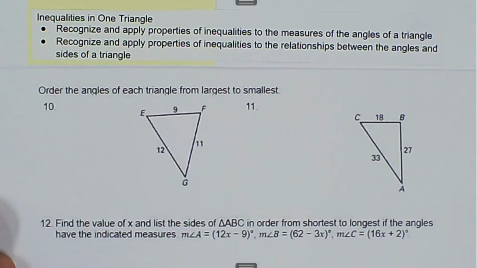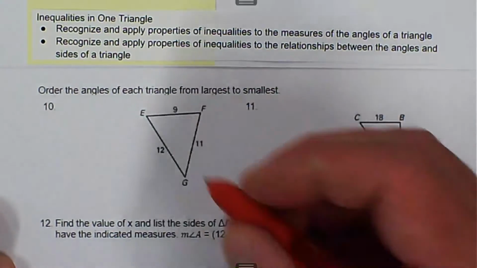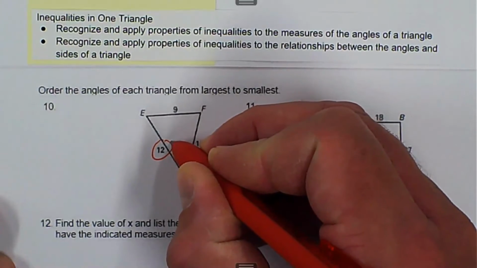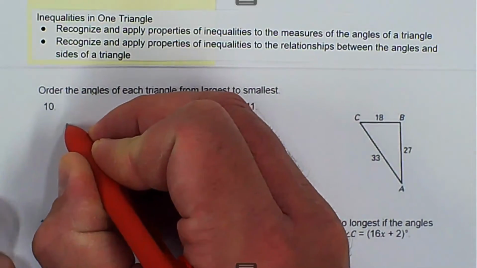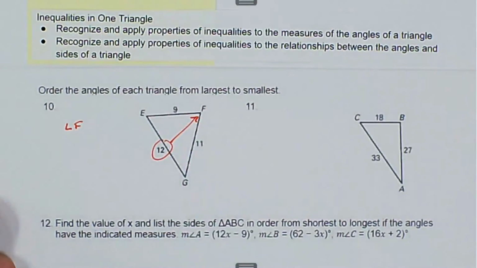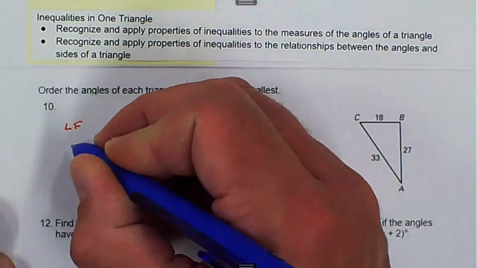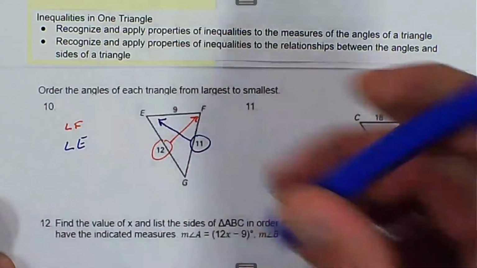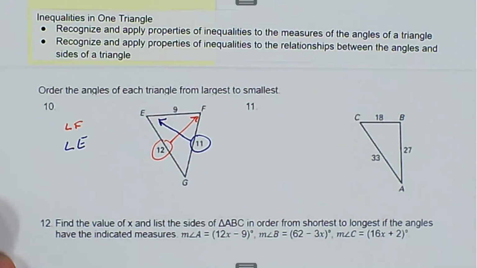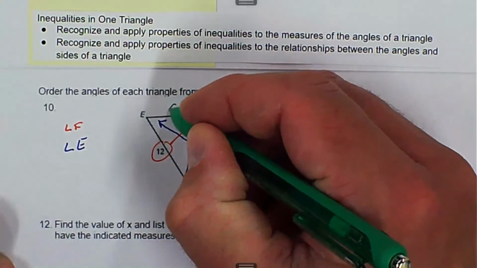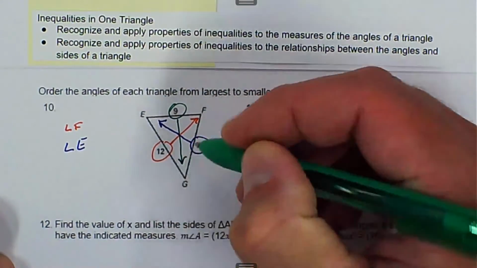We want to start with the largest. The largest side is 12, so the largest angle is angle F. The next, or the middle side, is 11, so the middle angle is angle E. And the smallest side is 9, and that's opposite angle G.